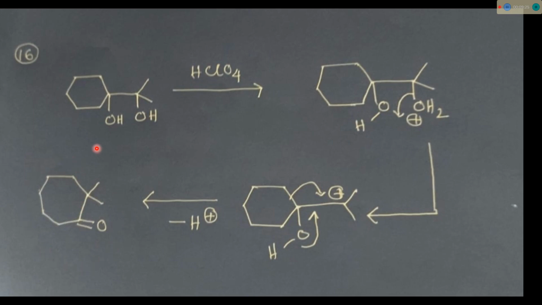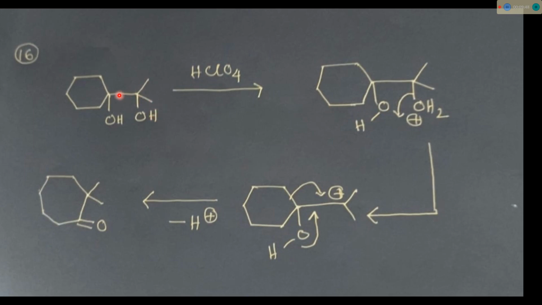So this is also a simple question from organic chemistry. A simple concept is there. If this O is protonated, then there is also a chance to form a 3° carbocation.